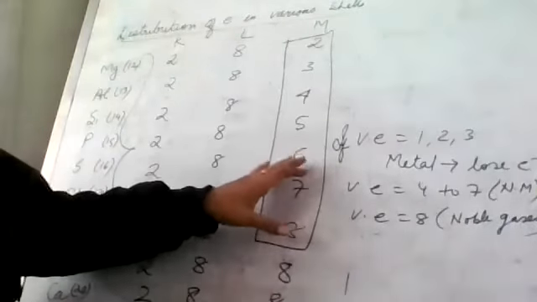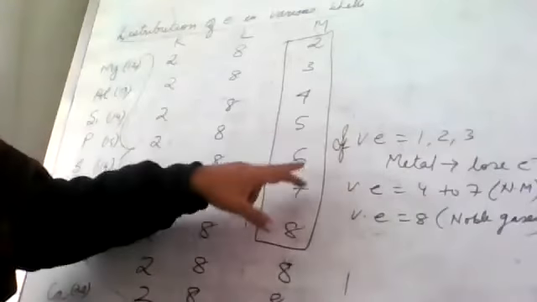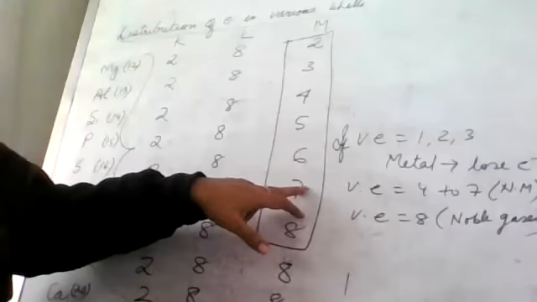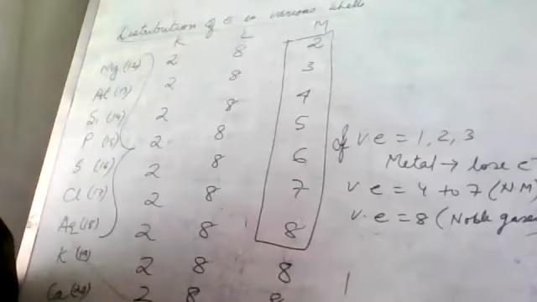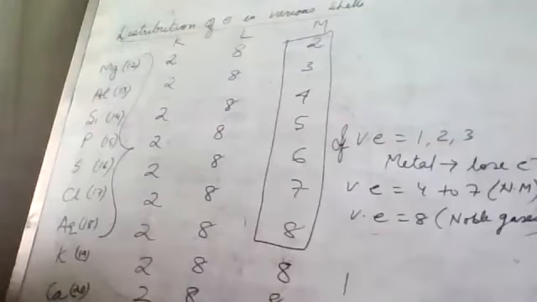So for them, what is easy? To gain 3 electrons, to gain 2 electrons, to gain 1 electron. Is the point clear? Yes, ma'am. Any confusion there? No, ma'am. So you have understood this.